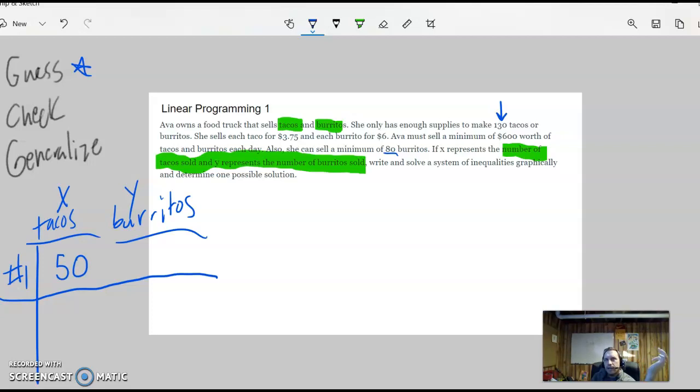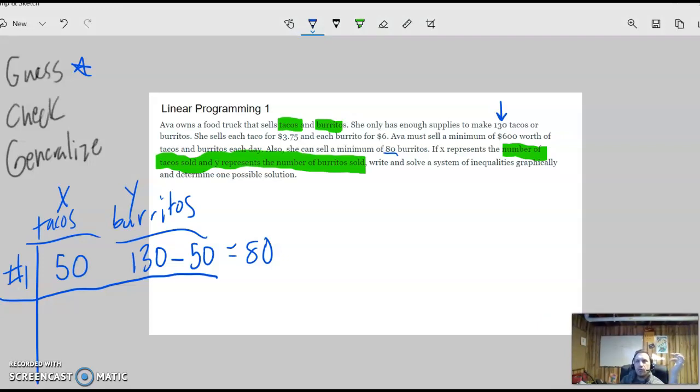Well, I know burritos would have to be 130 minus 50. Because if I have 50 tacos, 130 minus 50, so that's going to be 80 burritos. Now, if I were to guess something different and have less than 80 burritos, we'll talk about that. All right, so let's just guess 50 tacos, 80 burritos.